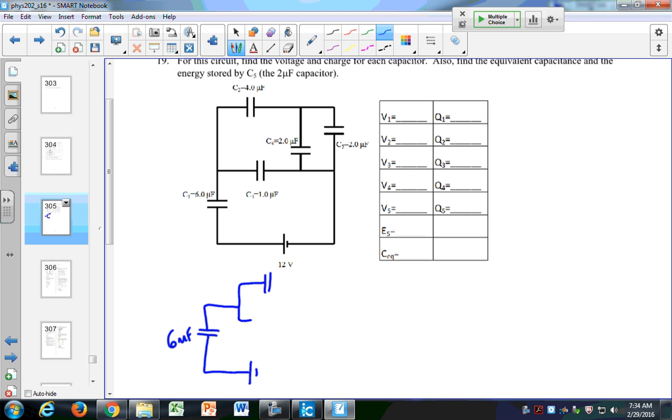I have my 2 branches up here, 1 branch, 2 branches. This is 4 and 1. And then up here, I split again here and here, and I have a 2 and a 2. All of this comes back together, and they go to the battery.